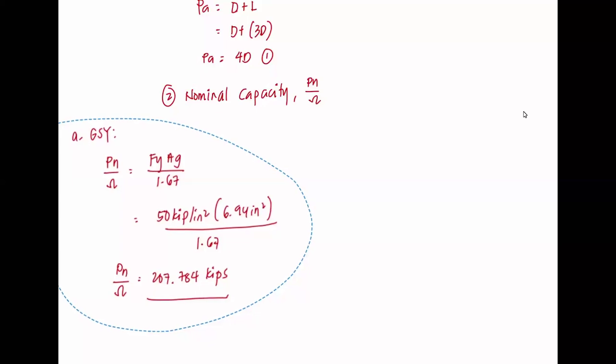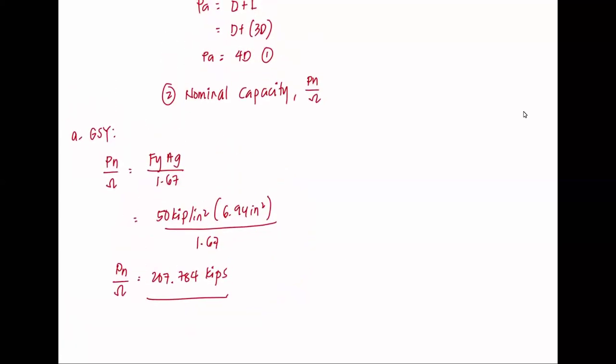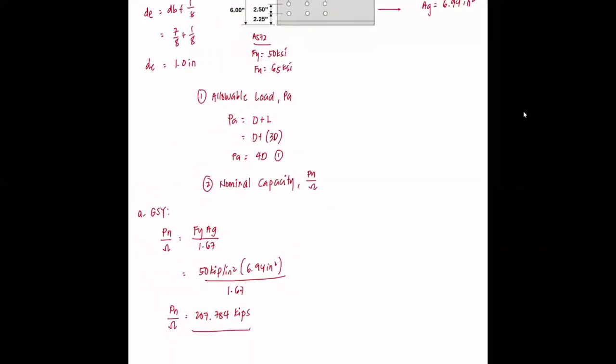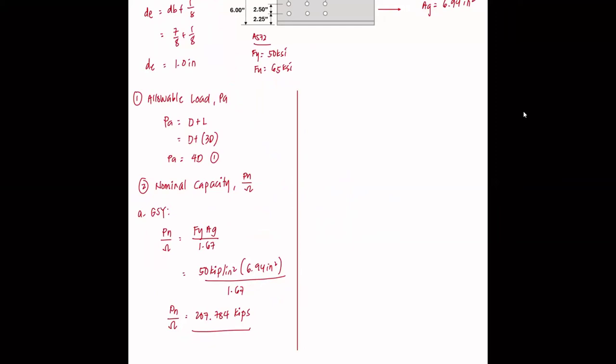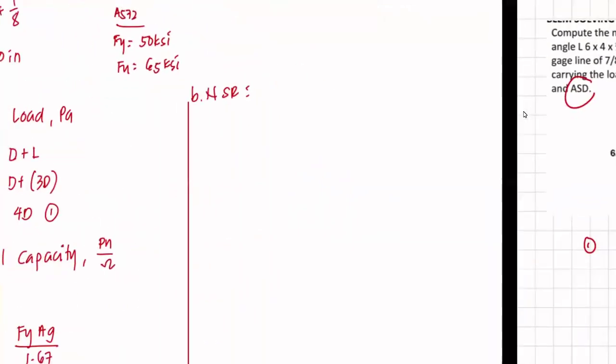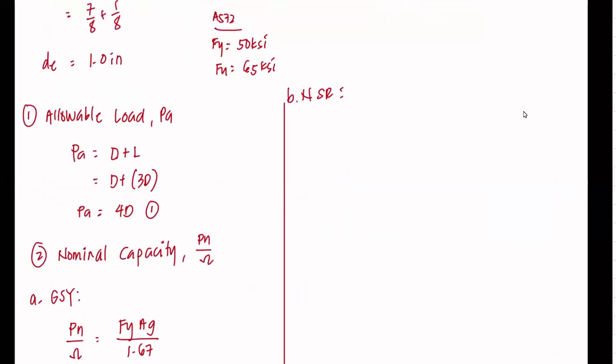Next, let's calculate the capacity for net section rupture. For NSR, our capacity is Pn over omega, which equals Fu Ae over 2.0.